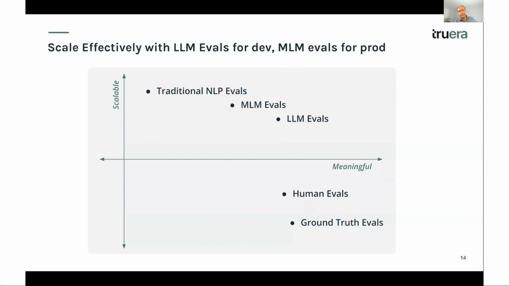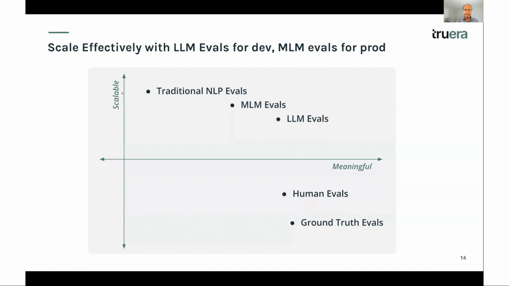One other comment that I'll make, and then I'll hand it over to Prakul, is that under the hood, TruLens and TruEra support several different kinds of evaluations. We like to think of them in this two-dimensional view, where on the x-axis is how meaningful the evaluation is, how reliable it is, how much you can bank on it.